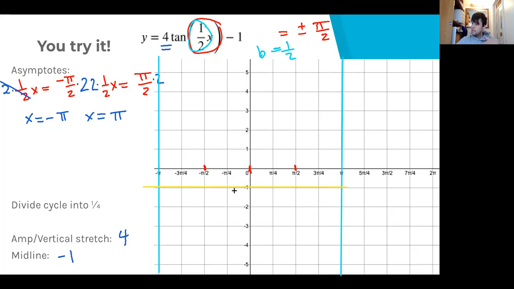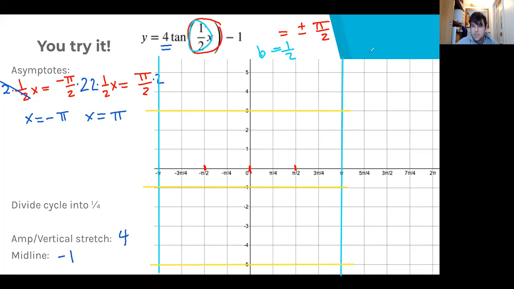And amplitude means I'm going to go above that and below that. So I need to go 4 above it, which would be here, and I need to go 4 below it, which is down here. Again, if you like these guiding lines, you can use them in the same way that you graphed secant, cosecant, sine, cosine if you want to. Again, it just helps line things up, but it's not necessary.